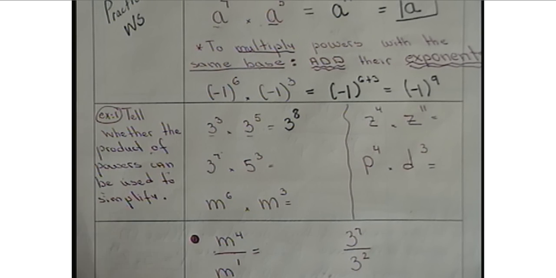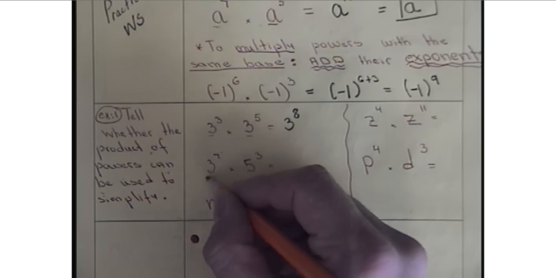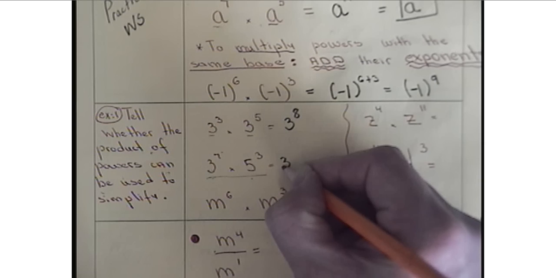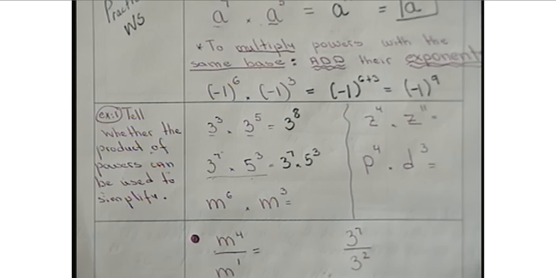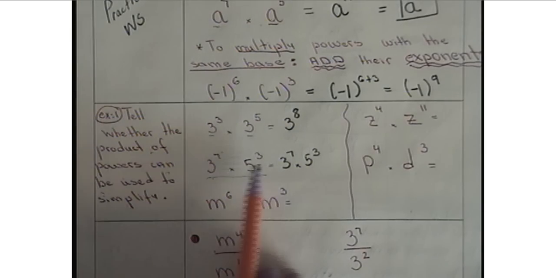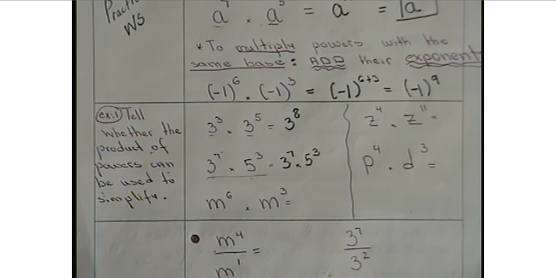What is happening here? Look at those two numbers. The bases are not the same, they're different. So if we have 3 and 5, we can't add those, we can't combine them. So the answer will be exactly the same thing: 3 to the 7th times 5 to the 3rd. We are going to leave it like that. We can't combine powers with different bases.